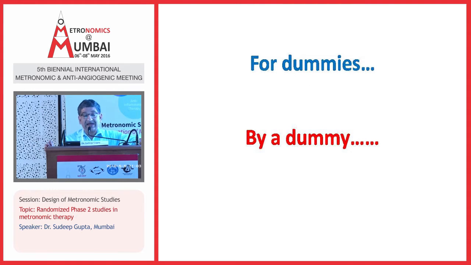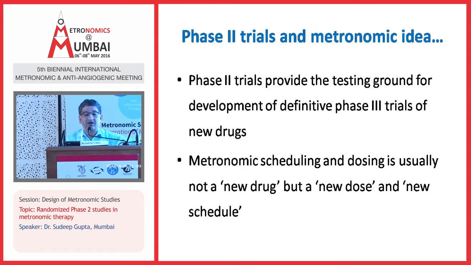So the talk is designed for dummies, but before you take offense, it is also delivered by a dummy. I have no pretensions to being a statistician, but I'll try to discuss what I think should be appropriate phase 2 designs for metronomic treatment. So phase 2 trials conceptually provide testing ground for definitive phase 3 trials.